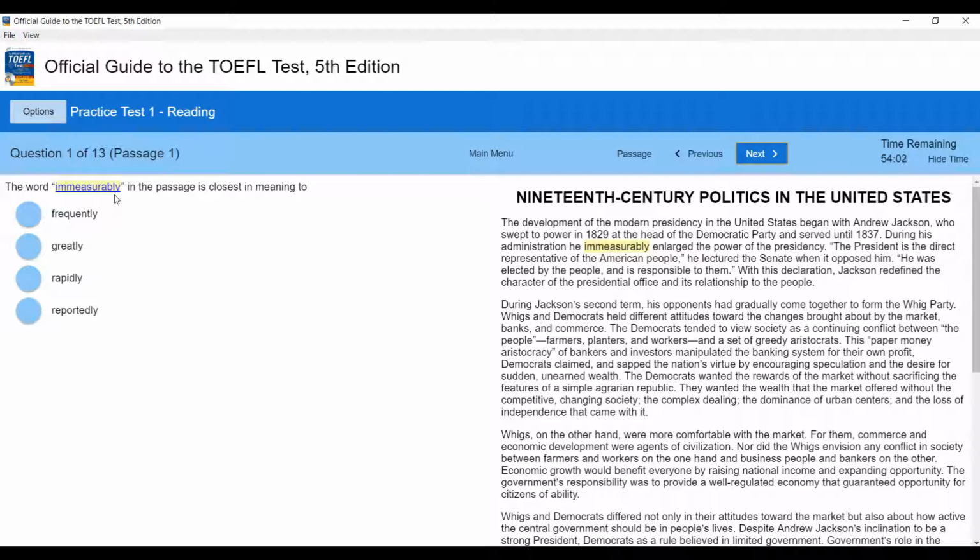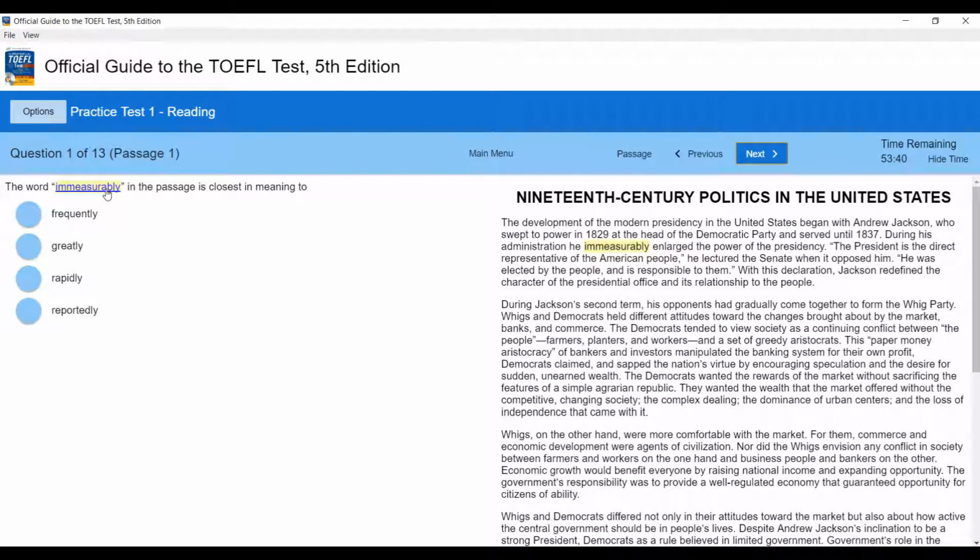So for example, I understand the word measure as a root word in here, and I know that im means a negative, so meaning like not measure.